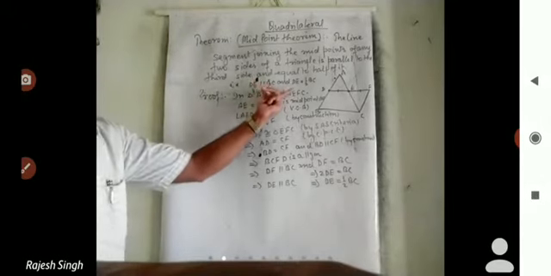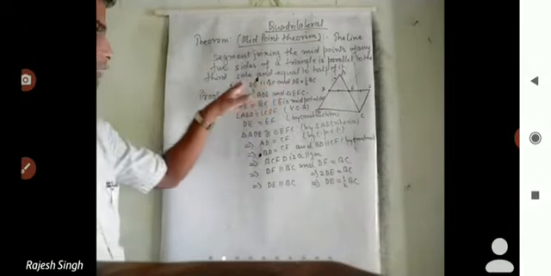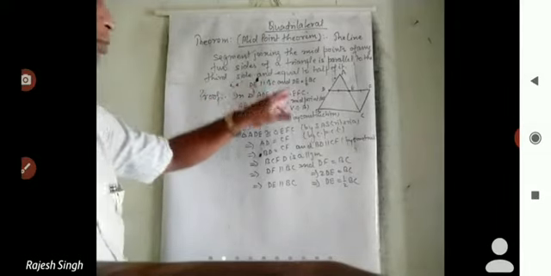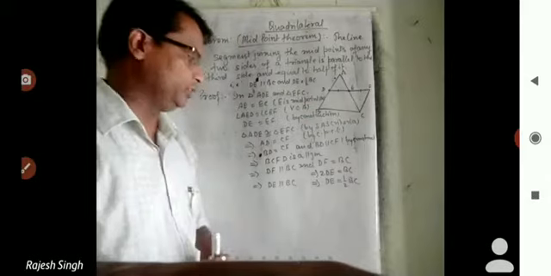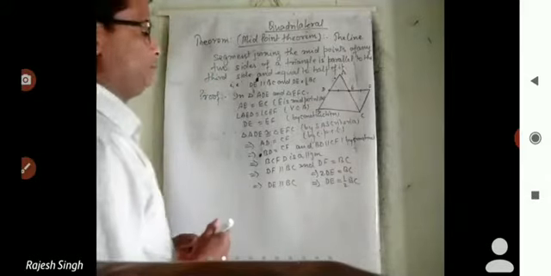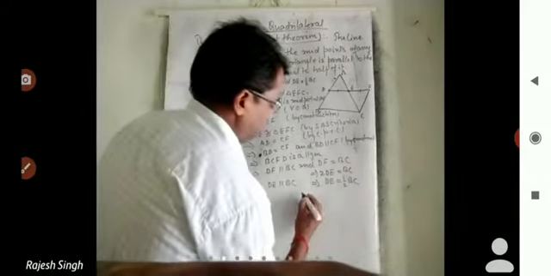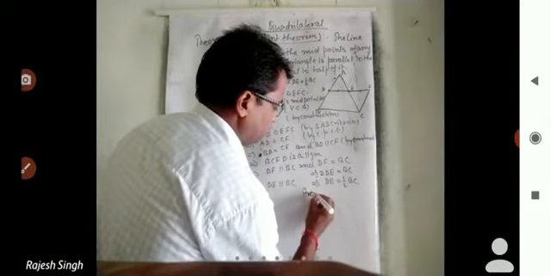Then you see here in short, DE is parallel to BC and DE is equal to 1 by 2 BC. Then in this way we have proved the midpoint theorem. Proved.